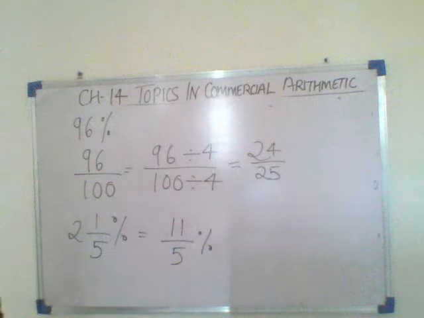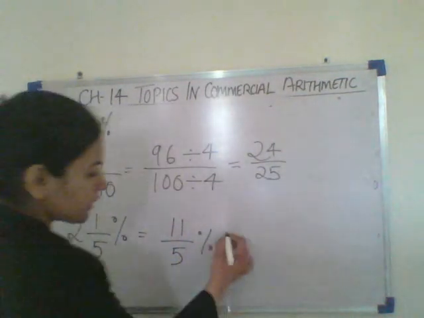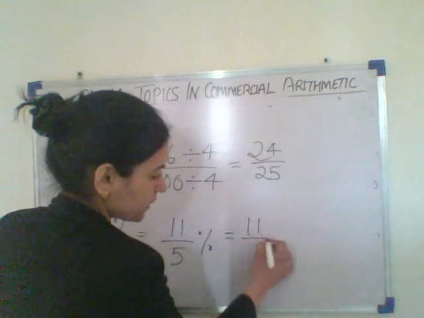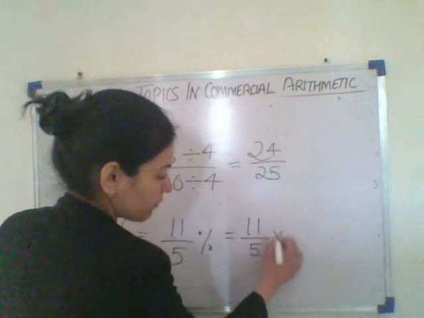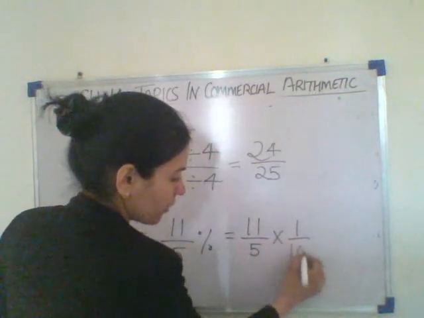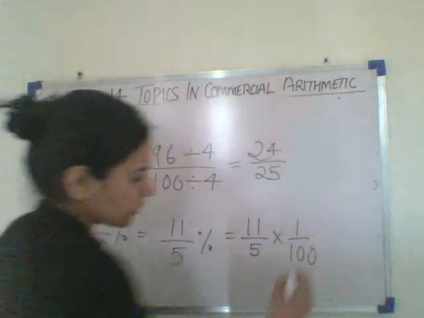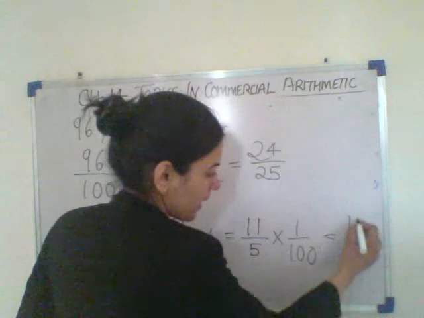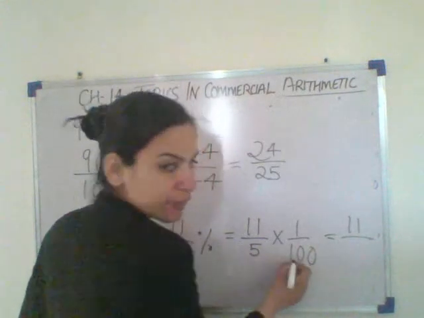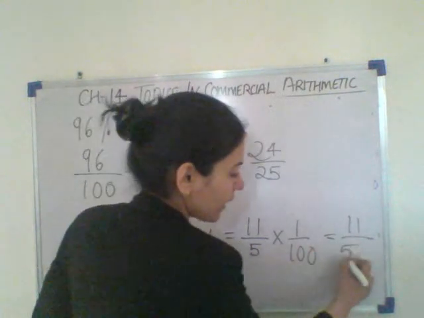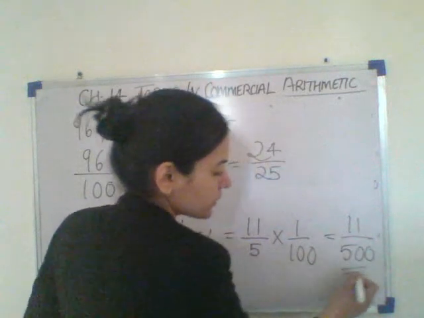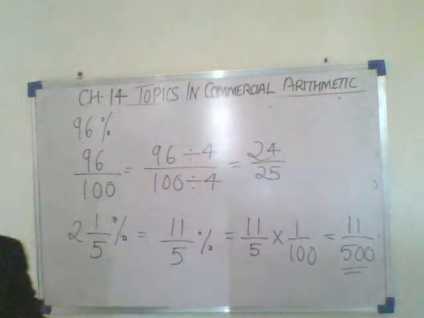So 11 upon 5%. What does it mean? 11 upon 5 multiplied by 1 upon 100. So 11 ones are 11 and 5 multiplied by 100 is 500. In this way we will write it in the simplest form.